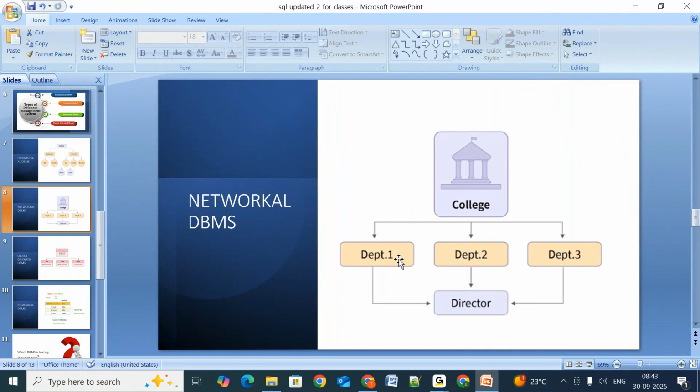You will understand this duplicate concept in normalization at the end. I'm just telling you at a high level. If you want, you can do some research on it, but in the normalization concept I will explain everything with an example.